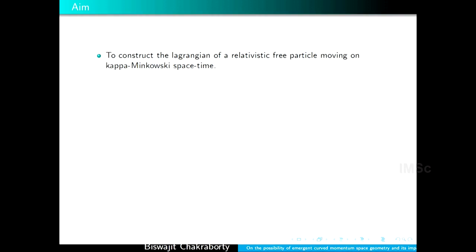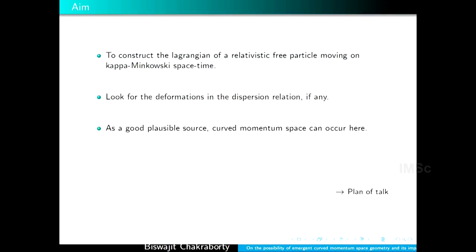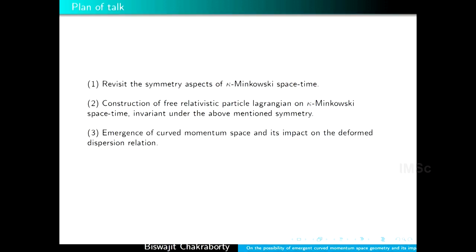So my aim is to construct the Lagrangian of a free relativistic particle moving in Kappa-Minkowski space-time, and look for deformations in the dispersion relation, if any. As a plausible source, curved momentum space can occur here, as I have explained. My plan for the talk is to revisit the literature, which is huge, and we have seen many of the papers take different points of view, as I have already emphasized.